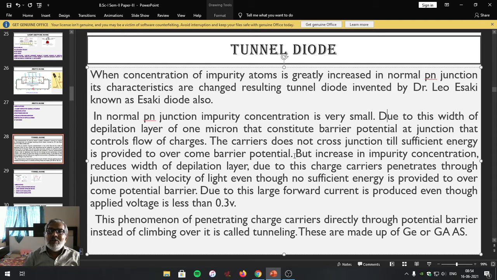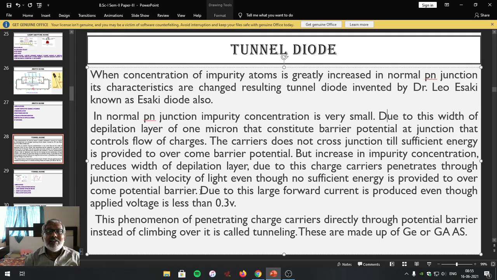Now, when we increase impurity concentration in a simple p-n junction diode, the width of the depletion layer is further reduced. Due to this, charge carriers penetrate through the junction with the velocity of light, even though no sufficient energy is provided to overcome the potential barrier.